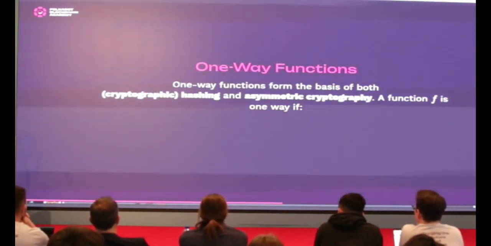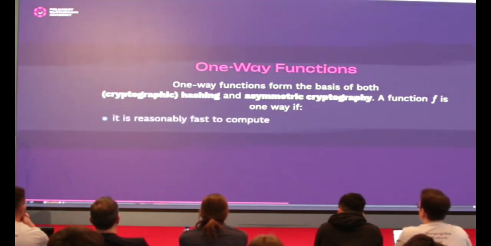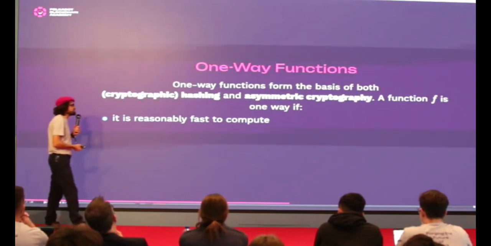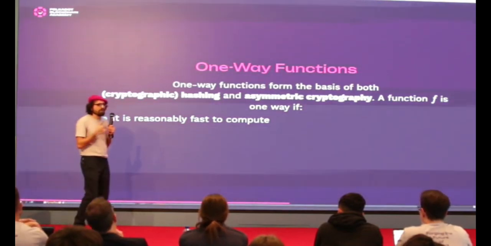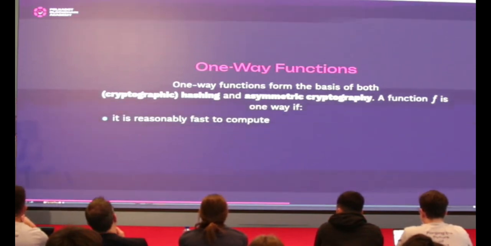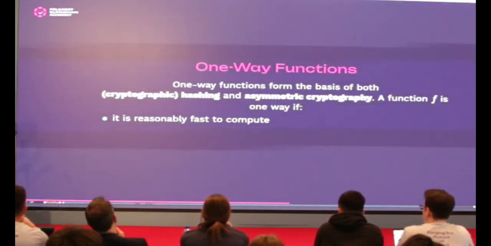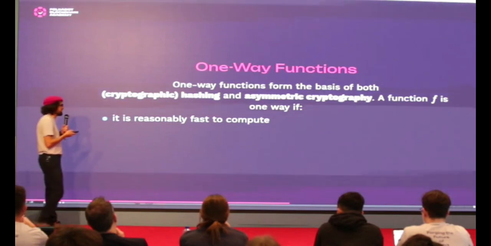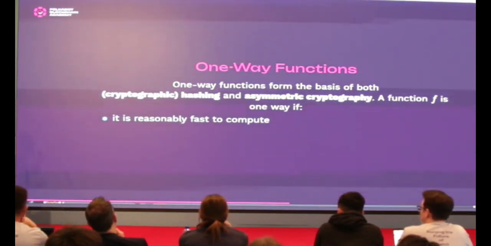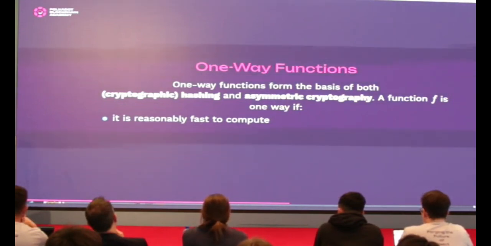The first property a one-way function should satisfy is that it should be reasonably fast to compute in one direction. Reasonably fast means very fast, like less than a millisecond is not fast. It should be faster than that, an easily trivial operation for the computer.